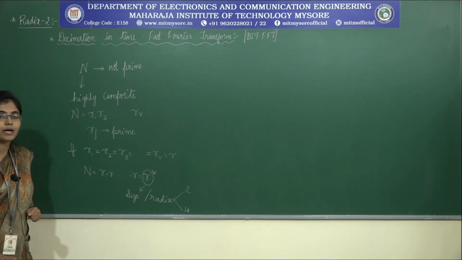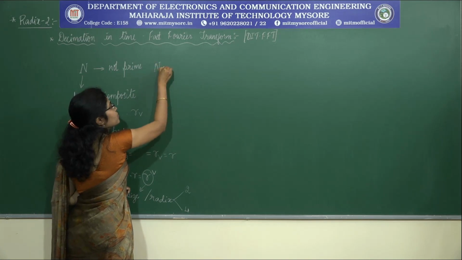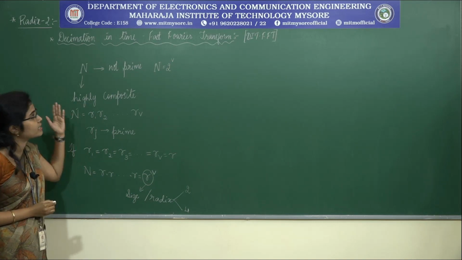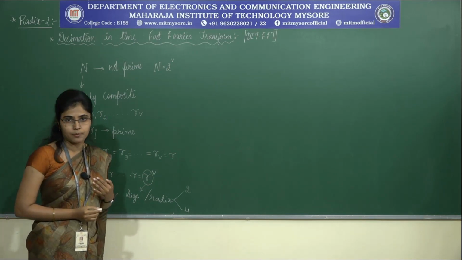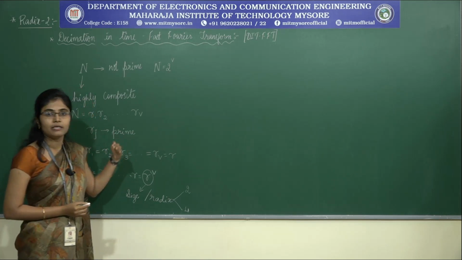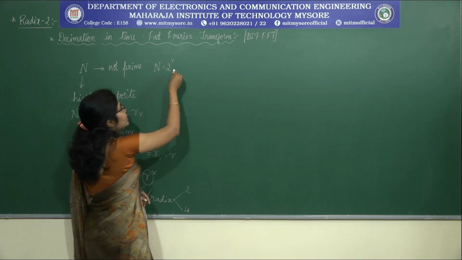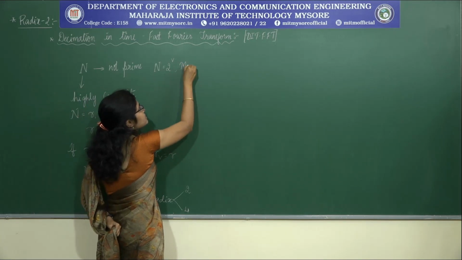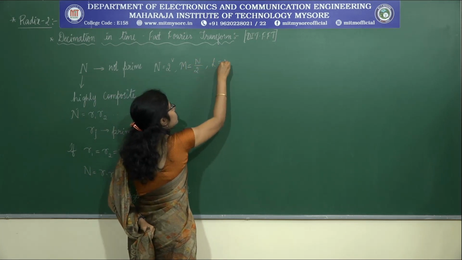Now let us try to compute the n-point DFT, where n is equal to 2 to the power v, that is radix-2 FFT, by applying the divide and conquer approach. If we apply it, we take a substitution where m is equal to n by 2 and the value of L is equal to 2.